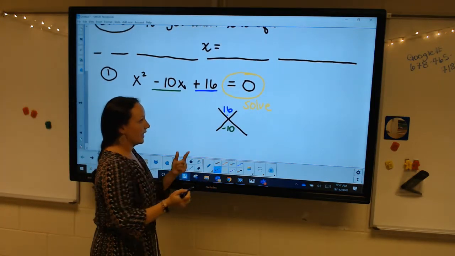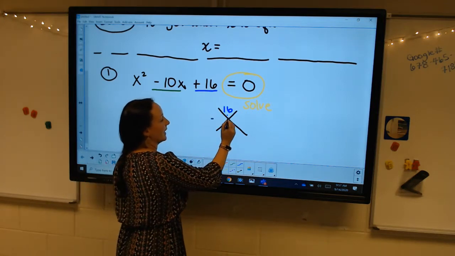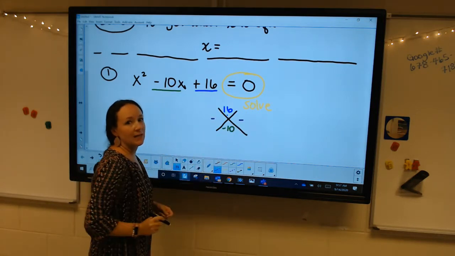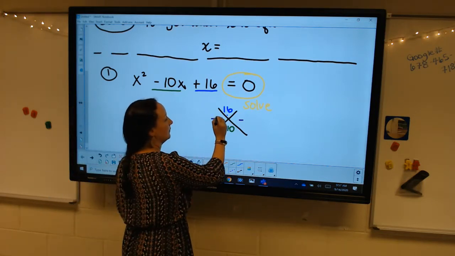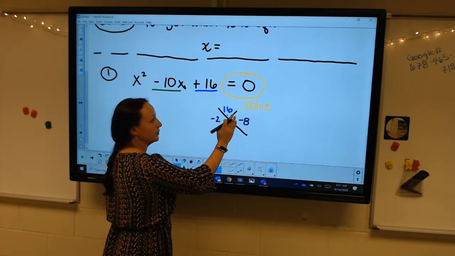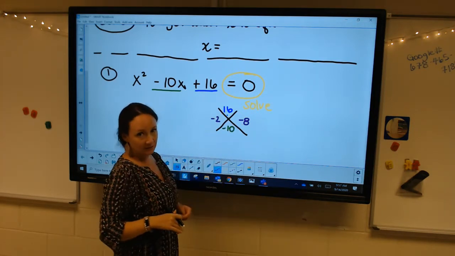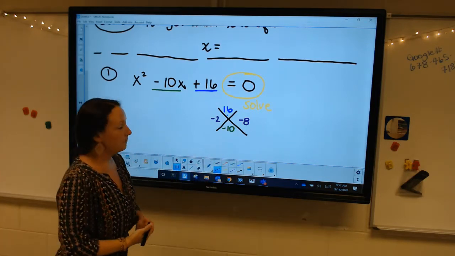So in order to get a positive 16 here, we're going to have the same sign, but this negative 10 tells me that they're both negative. So I'll use negative 2 and negative 8. Negative 2 times negative 8 is positive 16. Negative 2 plus negative 8 is negative 10.